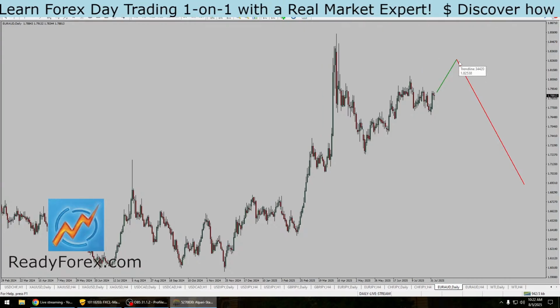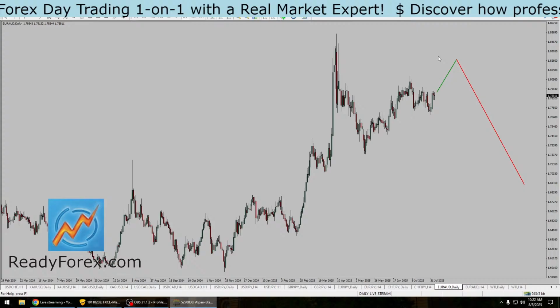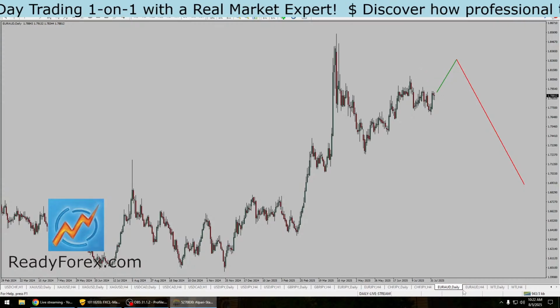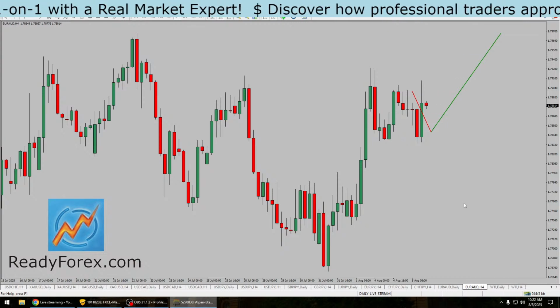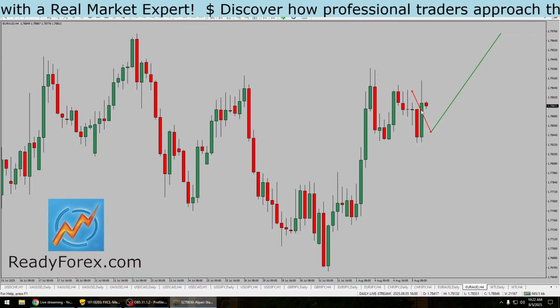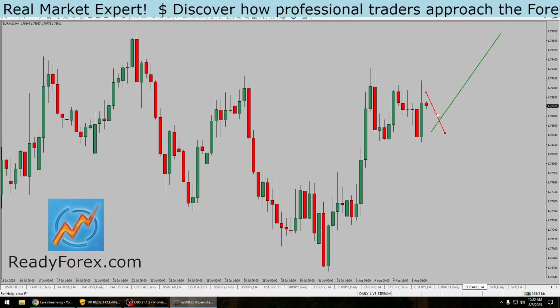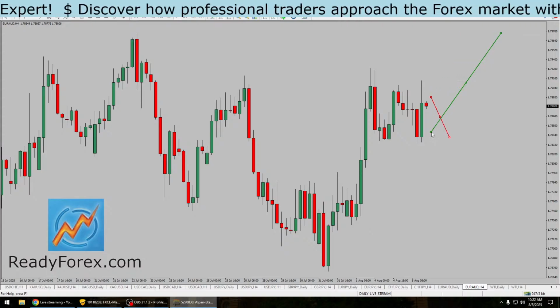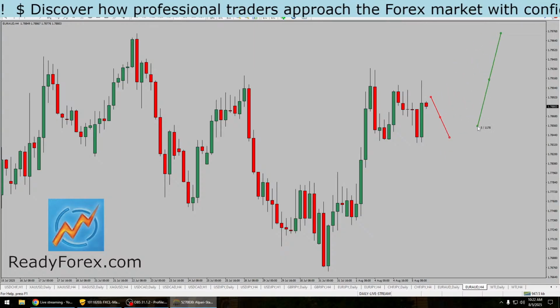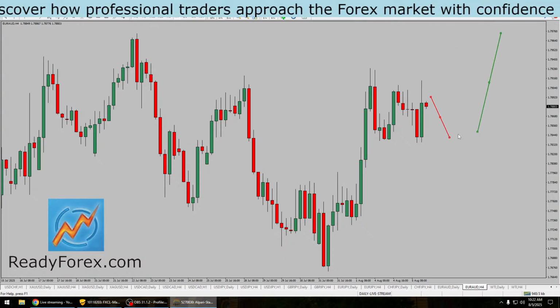But for the time being, I think it's better not to touch this pair in the daily time frame. Now regarding the 4 hour time frame, market is most likely going to complete this sideways looking pattern. Let me go over here and adjust these trend lines.